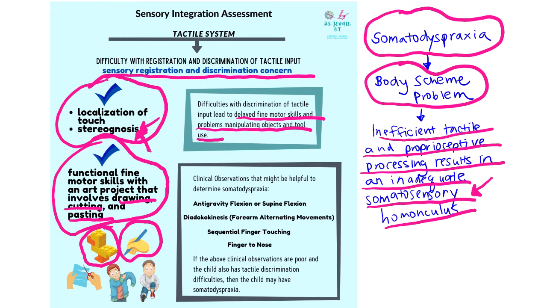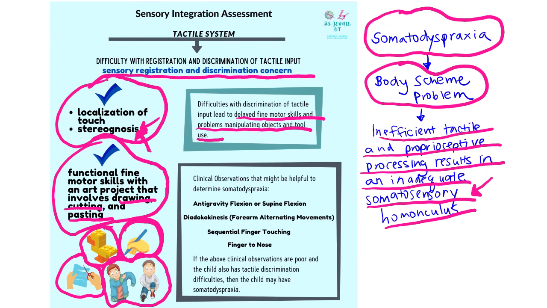So kids with somatodyspraxia are going to have difficulty manipulating objects that they are not familiar with. They're going to have a difficult time learning grasp initially. They're going to have a difficult time maybe with using scissors and just motor planning that whole piece. And the big thing is kids with somatodyspraxia really have a hard time with their ADLs.